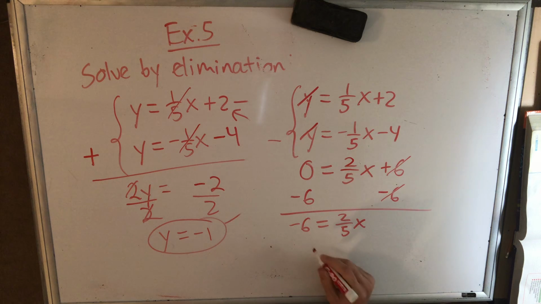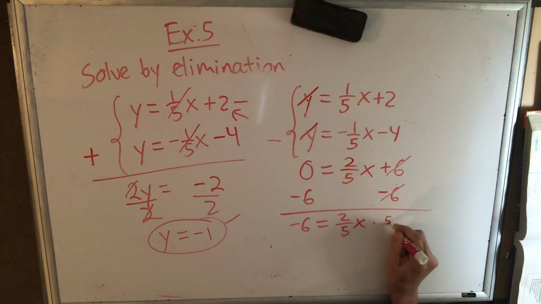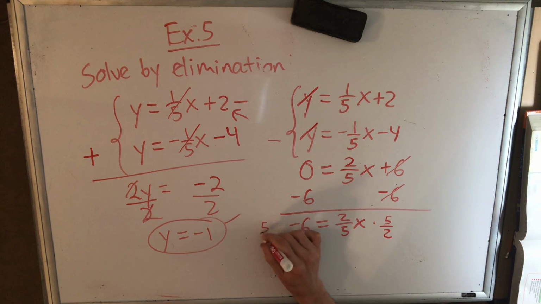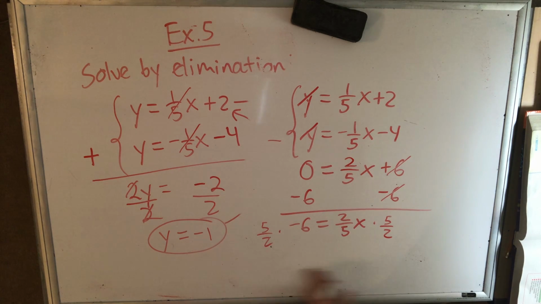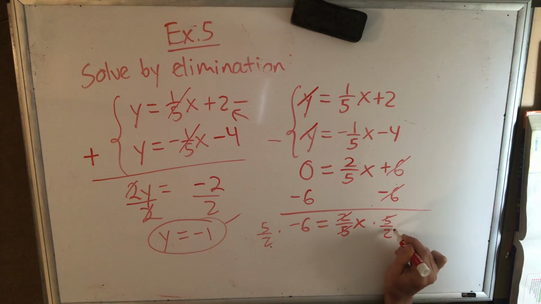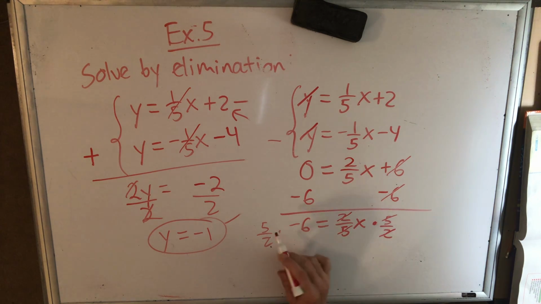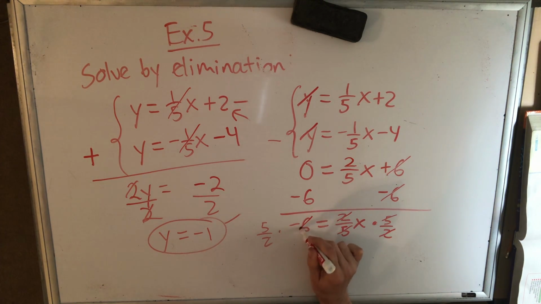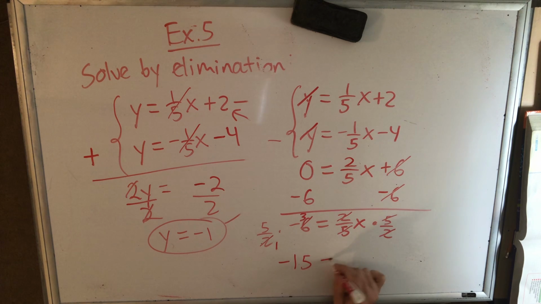Multiply each side by the reciprocal, 5/2. The 5 on top cancels out with 5 on the bottom. 2 on top cancels out with 2 on the bottom when multiplying. We can cancel out 6 on top with 2 on the bottom by dividing each by 2 to get 1 and 3. 5 times negative 3 is negative 15.